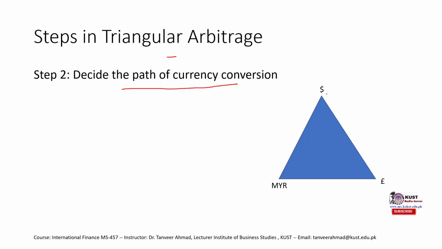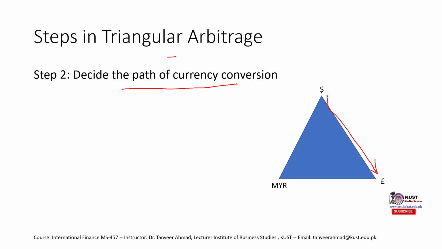We obviously start with dollars because we currently have dollars. In the question, we are given that we currently have $1,000. So we start with dollars, but we have 2 options. Either we convert dollars into pounds or we convert dollars into Malaysian ringgit.